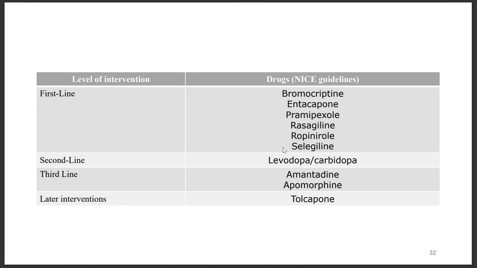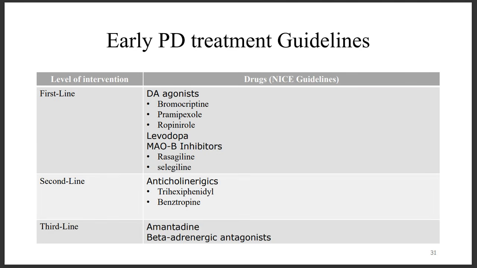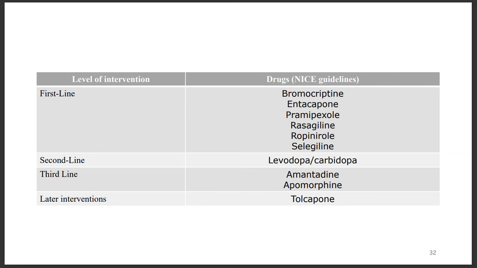Second line will still remain the levodopa and carbidopa, which was first line in early treatment. Third line will still be amantadine and apomorphine. And then later on, you can use tolcapone. But you know, this drug is just preventing the breakdown of your dopamine.